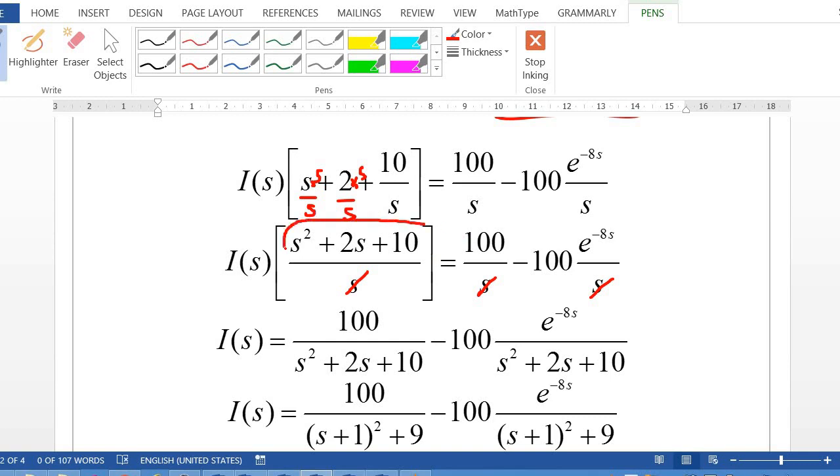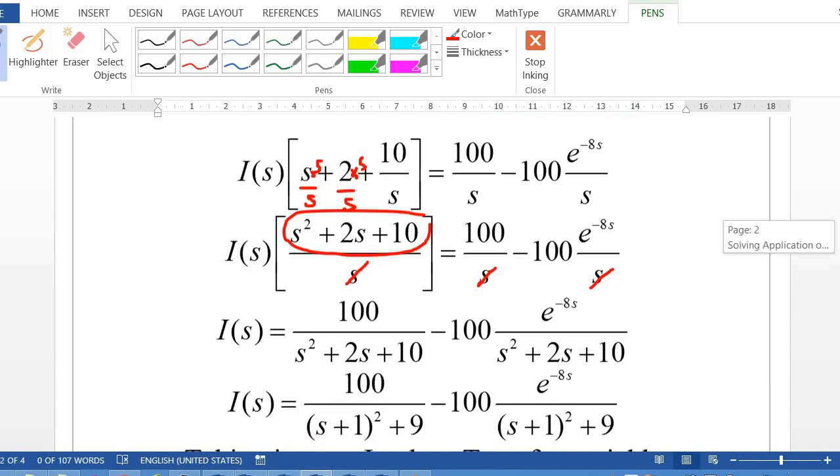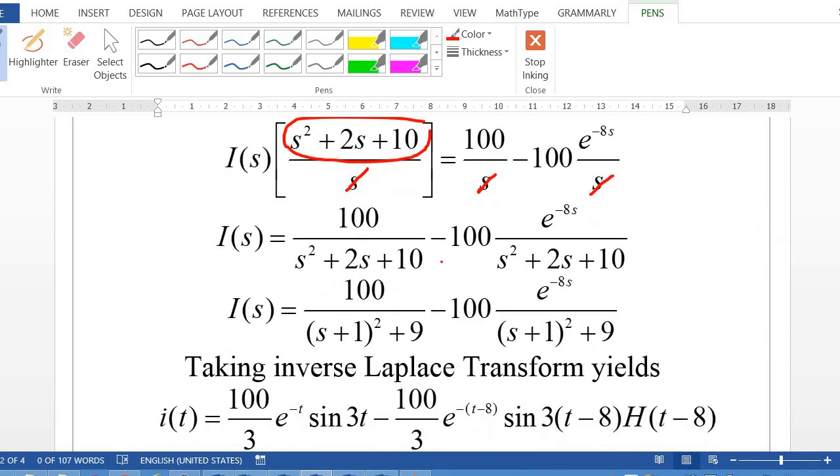Hence, the term s squared plus 2s plus 10 you bring to the right-hand side, becoming 100 over s squared plus 2s plus 10, minus e to the negative 8s over s squared plus 2s plus 10. You notice that s squared plus 2s plus 10 in this case cannot be factored as a multiplication of two factors. However, it can be done using completing the square.